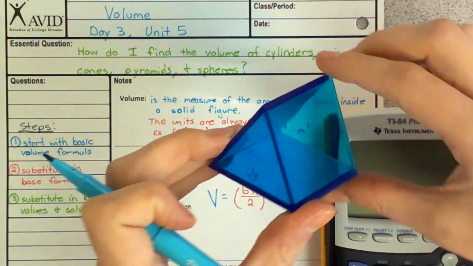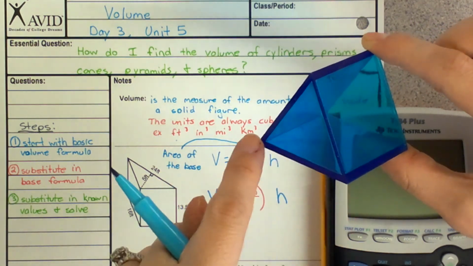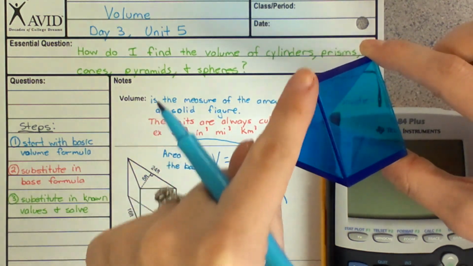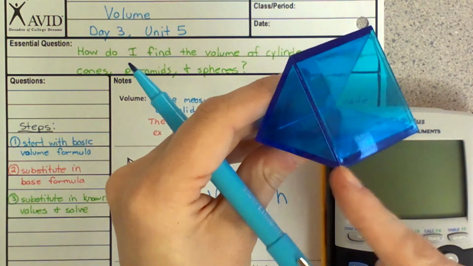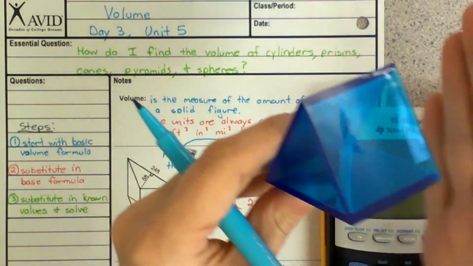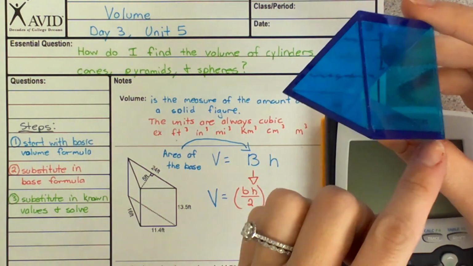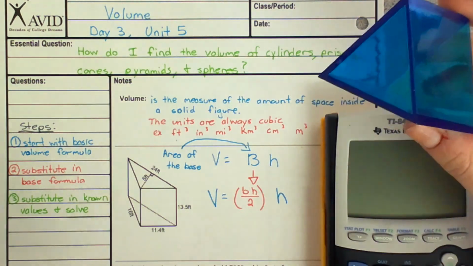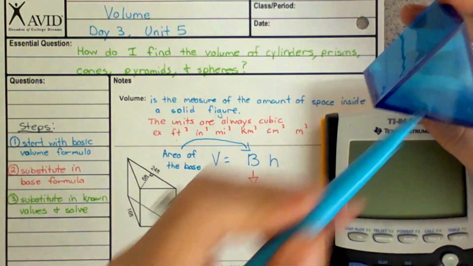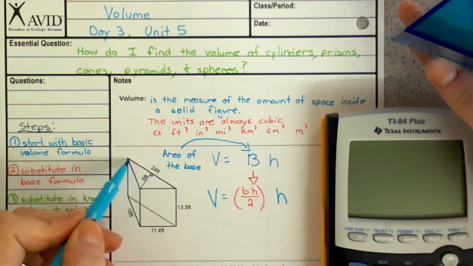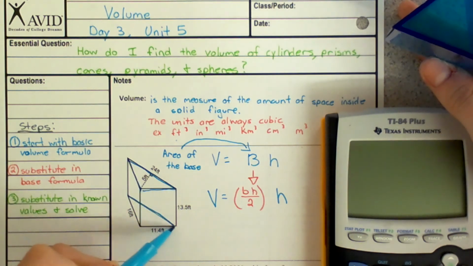I'm using this formula to find the area of this base, and then this height represents how tall the entire prism is from base to base, or how deep it goes from the front to the back.